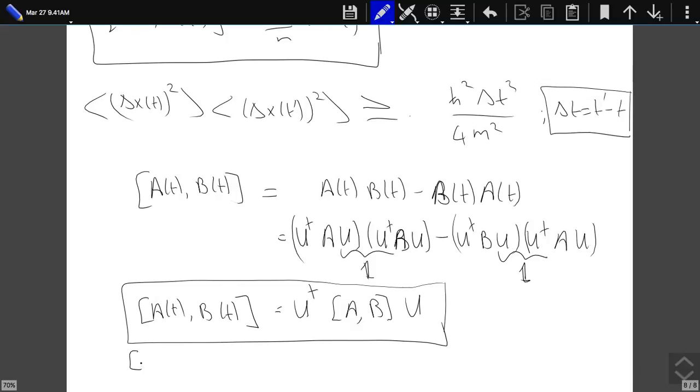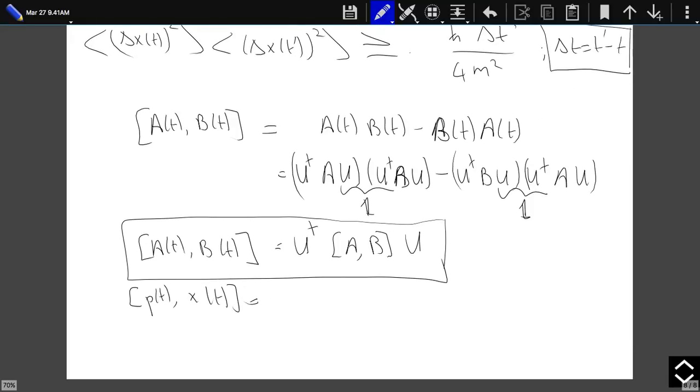So basically, for example, p(t), x(t). What is this commutator in the Schrödinger picture? Minus i h bar. They are just constants, so they are the same both in the Heisenberg picture and also in the Schrödinger picture.